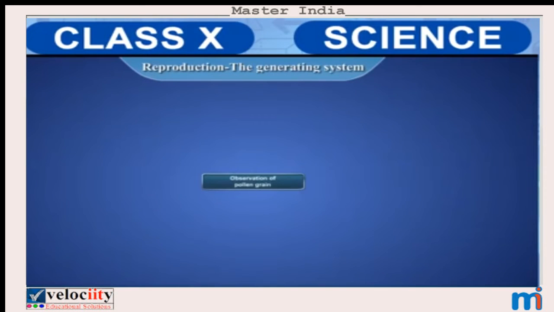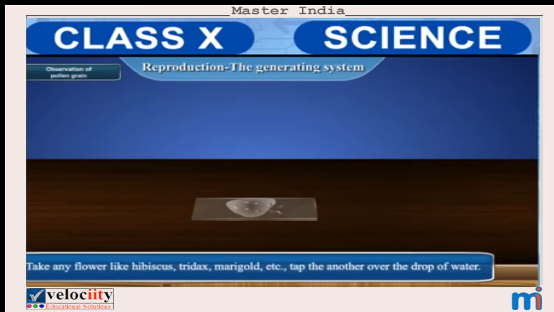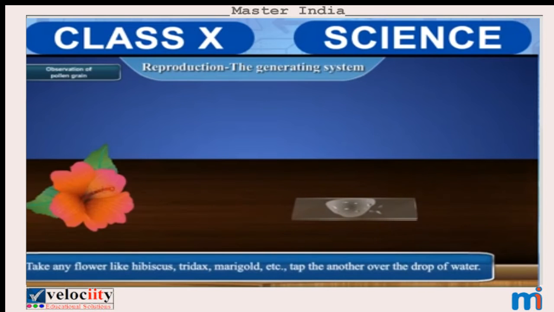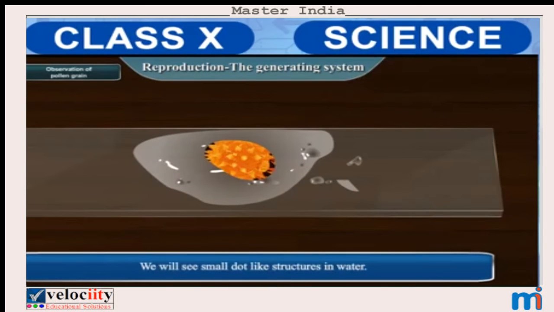Observation of pollen grain. Take a slide and put a few drops of water on it. Take any flower like hibiscus, tridax, marigold, etc. Tap the anther over the drop of water. We will see small dot-like structures in water.